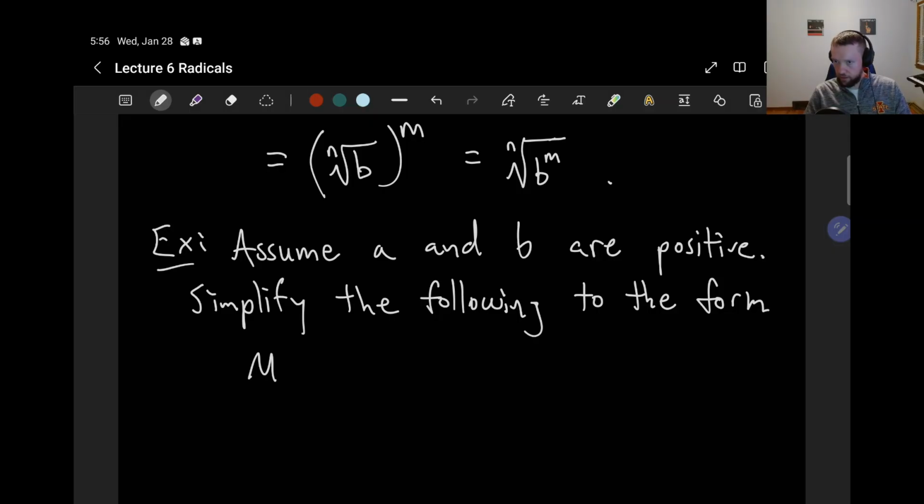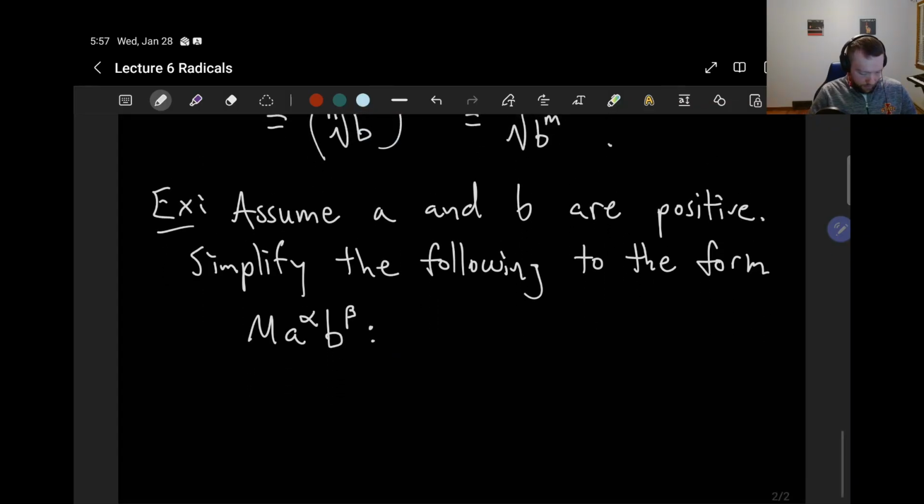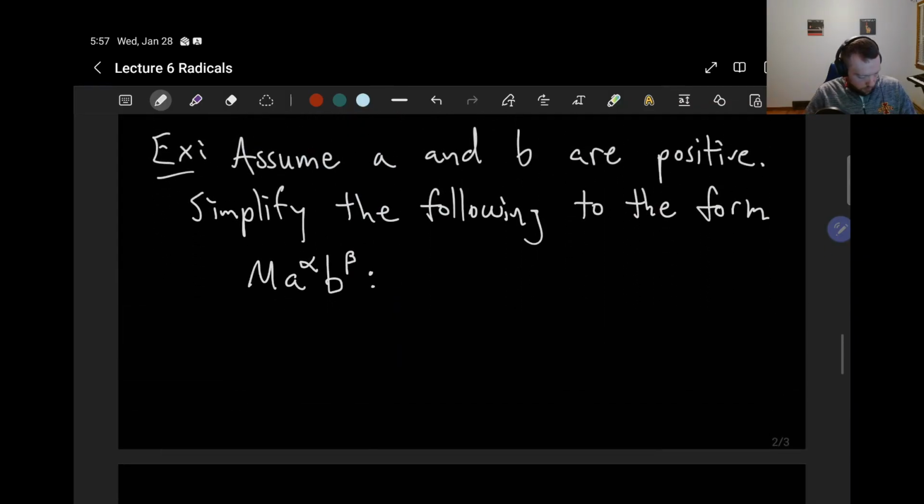I want to have it in some form as some coefficient, some number M, times A to a certain power, that's alpha, the Greek letter that corresponds to A, just A to some power, times B to some power, call it beta. And let's put a colon. Here's the thing we're going to simplify.